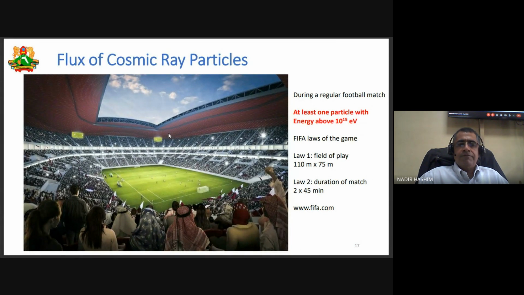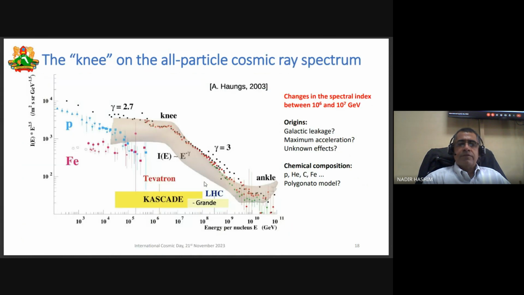If you assume the field of play, 110 meters by 75 meters, as the surface area of your detector, and the duration of the match, 2 times 45 minutes, then you would expect at least one particle with energy above 10^15 electron volts for that detector surface area and for that duration of data collection. So in a duration of a typical match, you expect just one particle of that kind of energy.